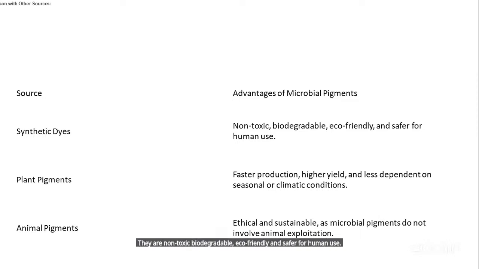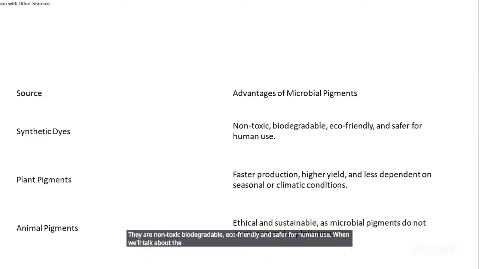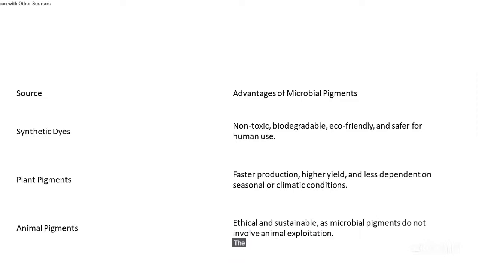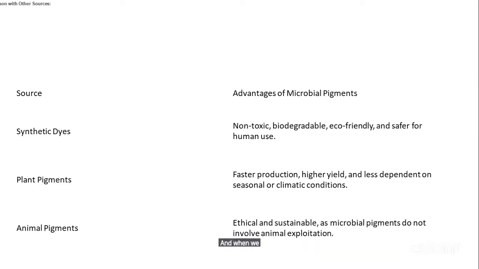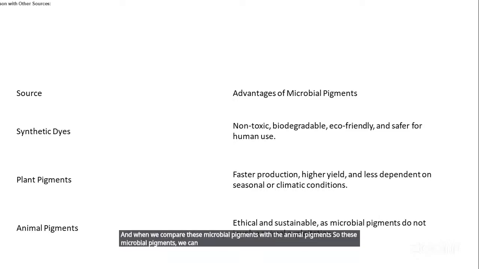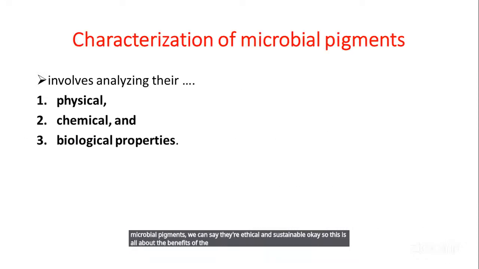When we compare microbial pigment with plant pigments, the main benefit is faster production and higher yield. As we know, plant pigments are season dependent. So we get faster production, and they are independent of season. Okay, and when we compare microbial pigments with animal pigments, microbial pigments are ethical and sustainable. Okay, so this is all about the benefits of the microbial pigments.